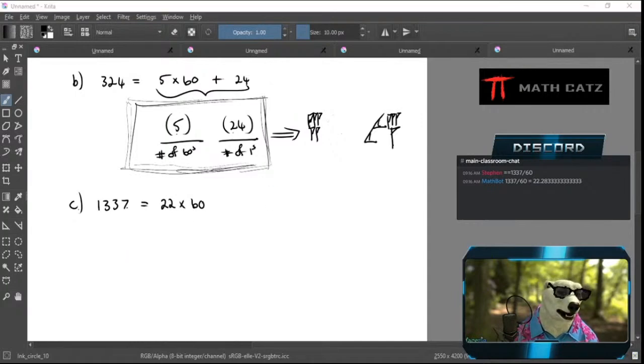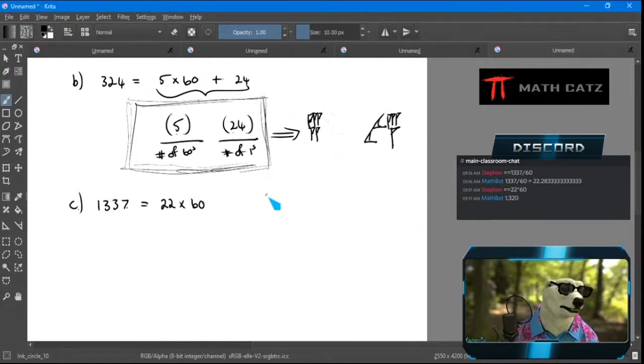Then I might want to know, okay, well, how much of that number have I used when I look at the 60s? So 22 times 60, and I see that I've used 1320. So obviously then there are 17 left.